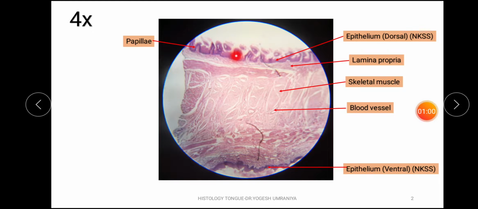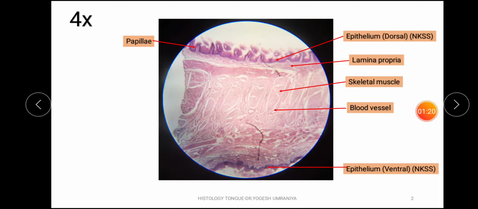But this papillae is only seen on the dorsal aspect, while on the ventral aspect there is no papillae. So you have to remember that papillae is always seen on the dorsal aspect of the tongue.